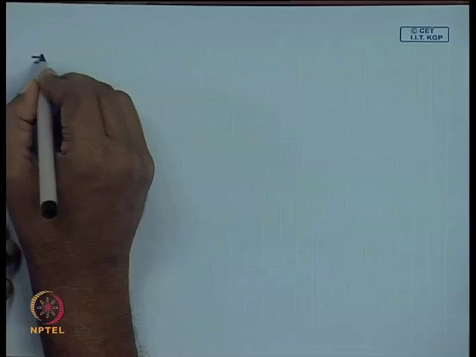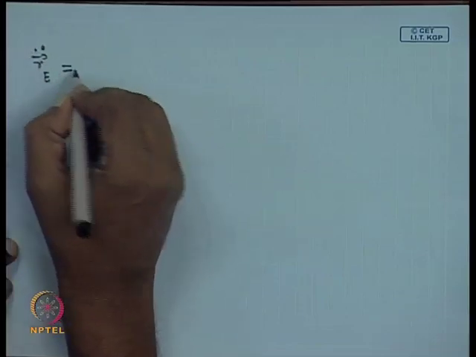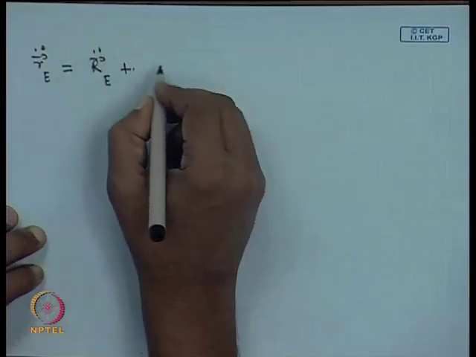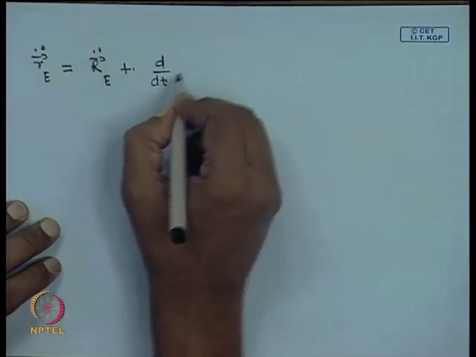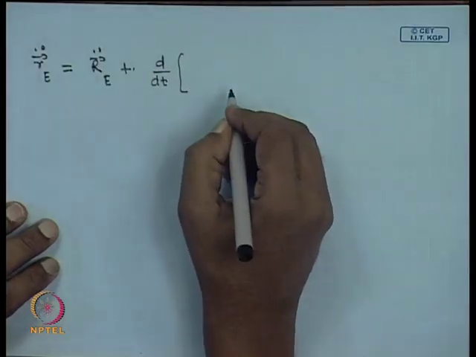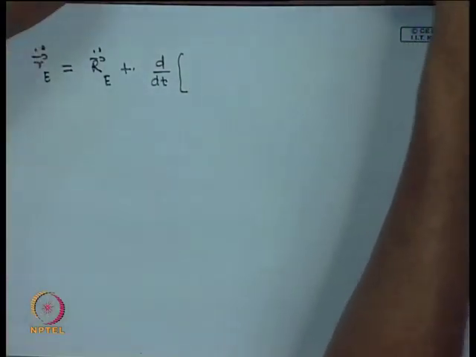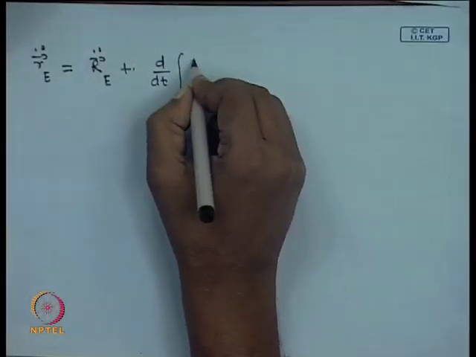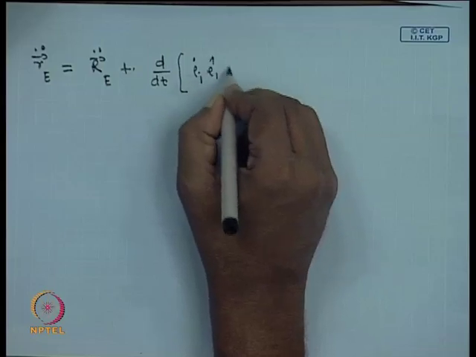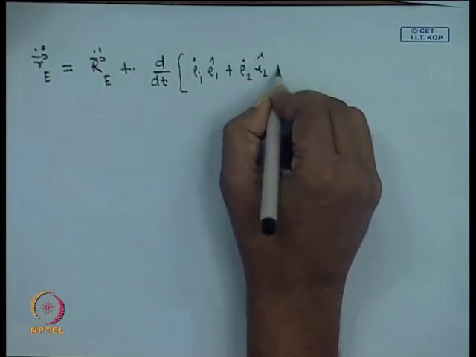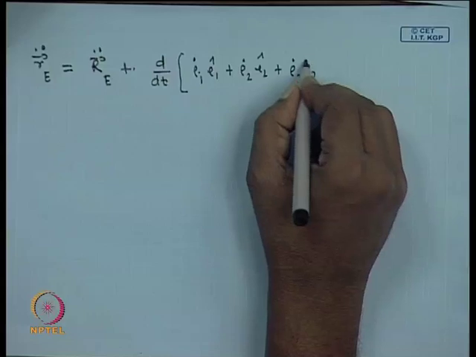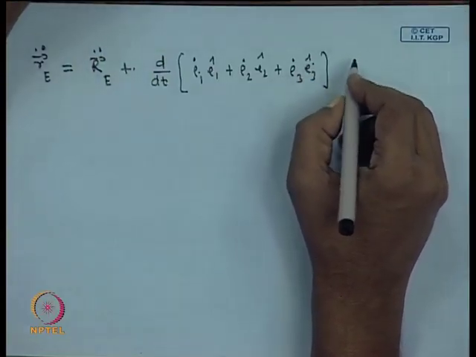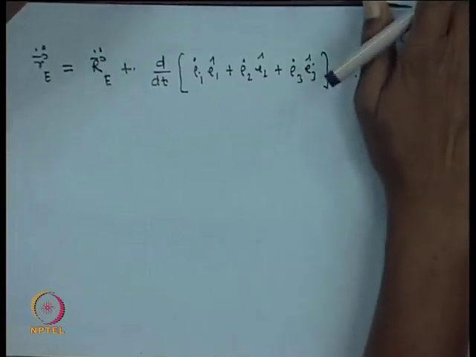So we have r double dot E, and this becomes: now differentiate the quantity written inside rho dot as it appears here. If you remember from the last part, this can be written as rho 1 dot E1 cap plus rho 2 dot E2 cap plus rho 3 dot E3 cap, and plus the next term again we have to write.